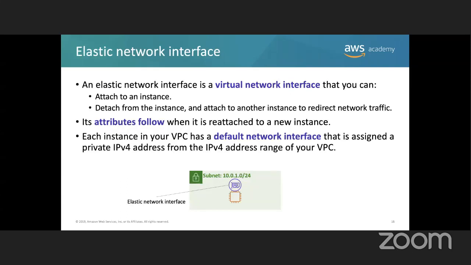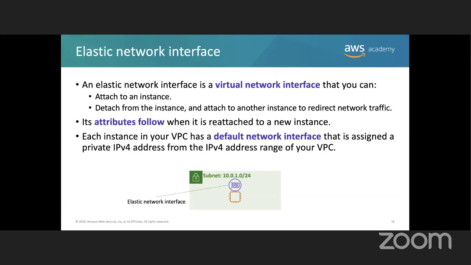So an elastic network interface is a virtual network interface that you can attach to an instance, right? Detach from the instance and attach to another instance to redirect network traffic. It's very commonly used with EFS, elastic file system, that you mount on the network.